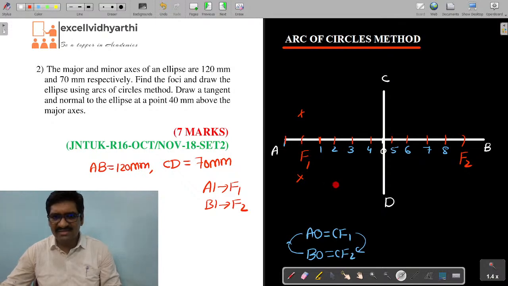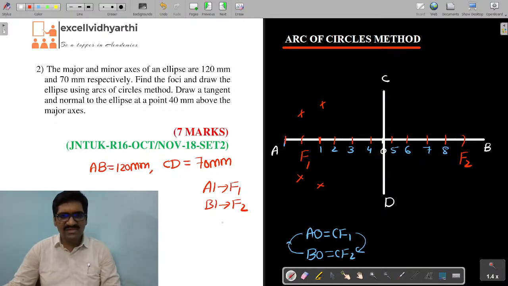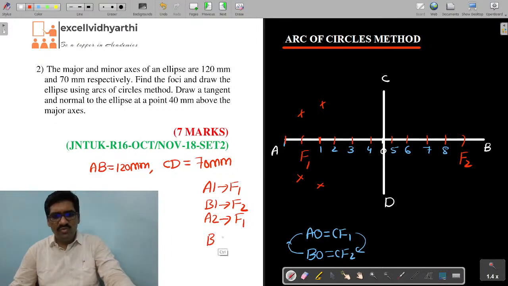Cut the previous arcs. So here I am marking the arcs, all of you. F2 as center, cut the arcs. Here I am writing again, can you see this one? Yes. Again I am writing here, that is A2, F1, next B2.